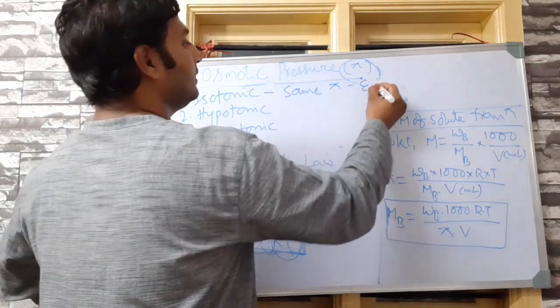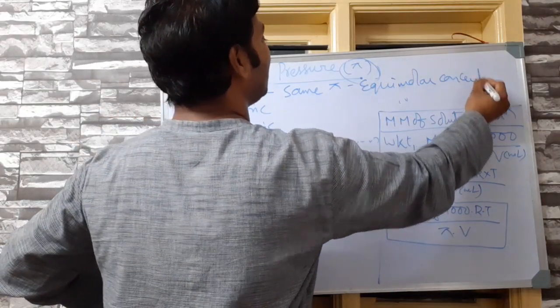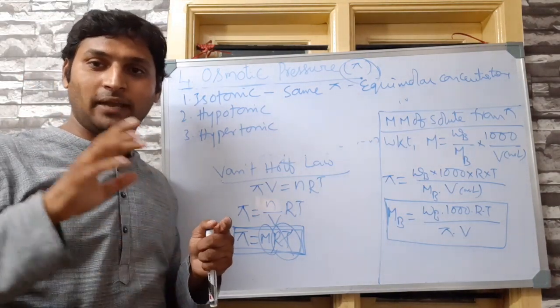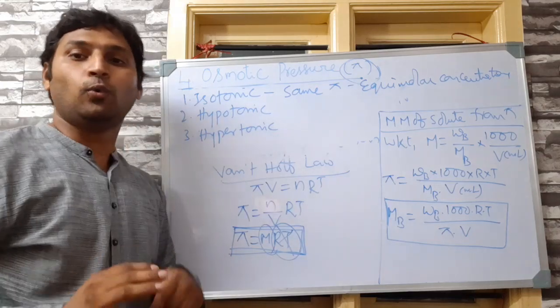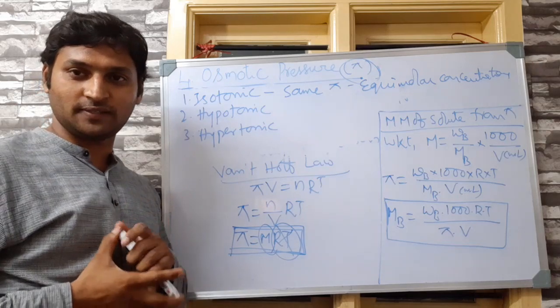That means they must have equimolar concentrations. So very simple. Two solutions of equimolar concentrations separated by a semi-permeable membrane would have the same osmotic pressure and will be called isotonic solutions.